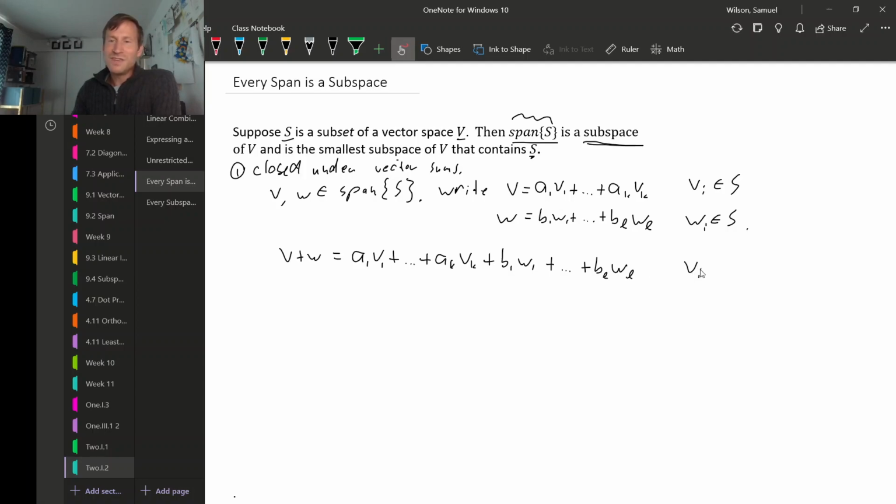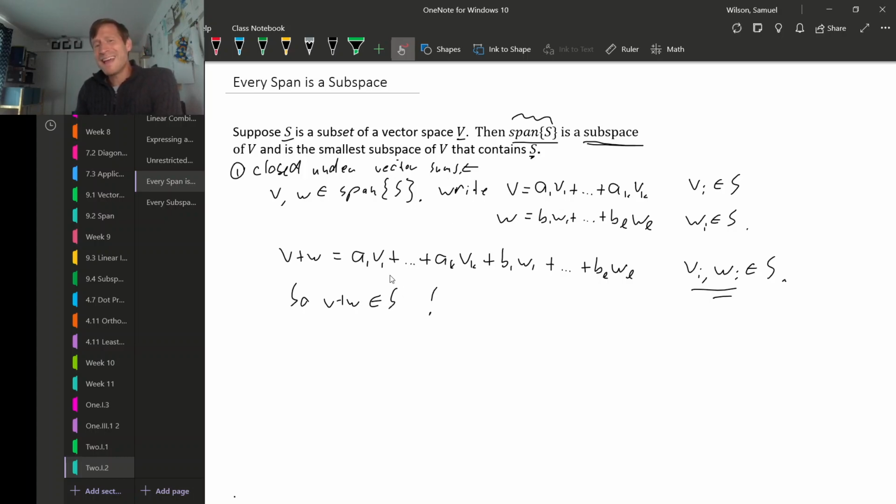And all of the Vi's and all of the Wi's are in S. So look, this displays V plus W as a linear combination of vectors from S. So V plus W is in the span of S. And so we're done with this part.